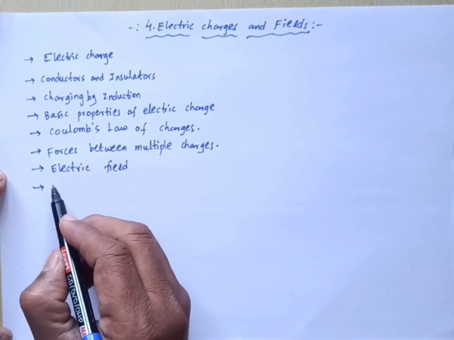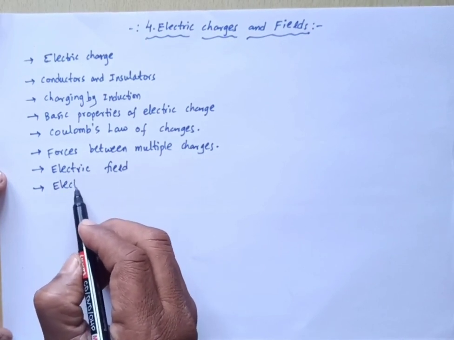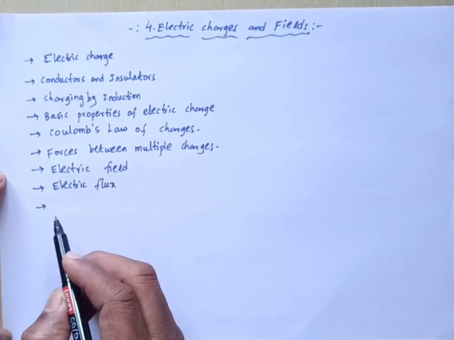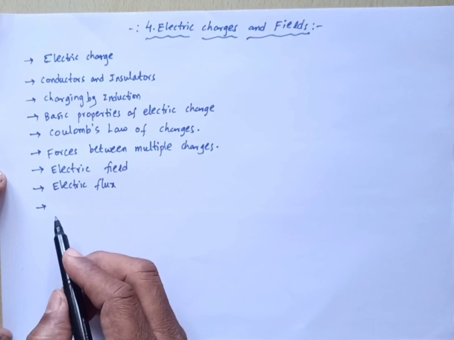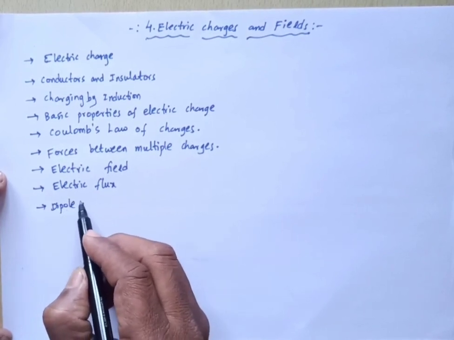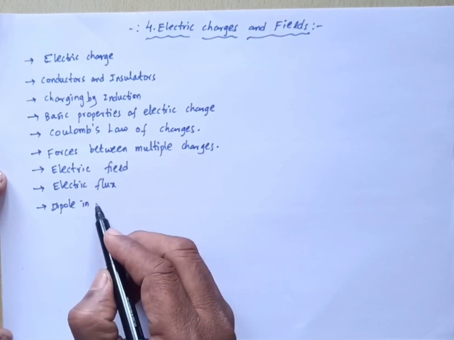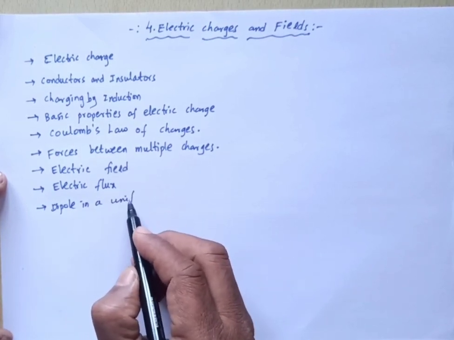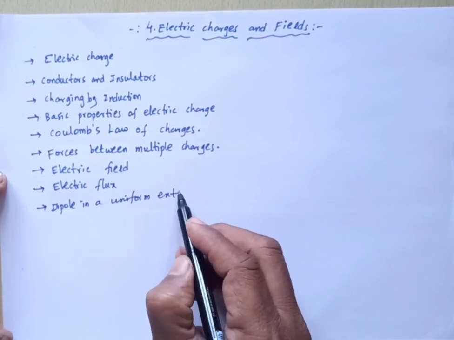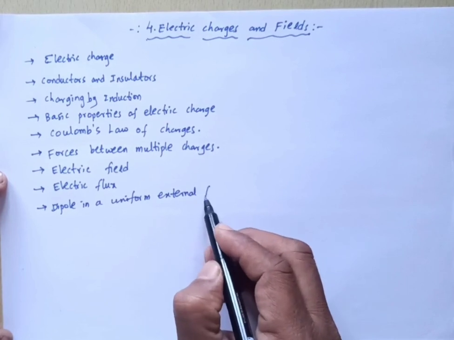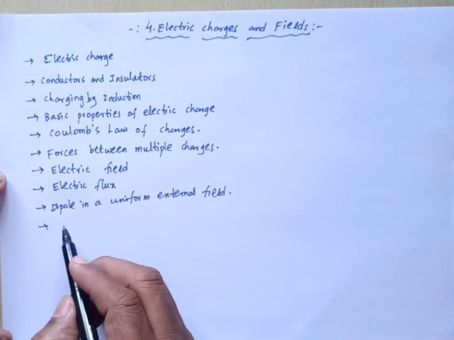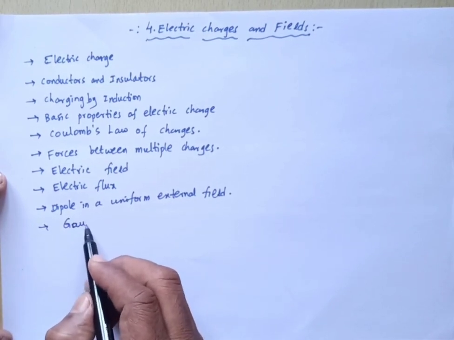Next, electric flux. What is electric flux? Dipole in uniform external field. Next one, Gauss law.